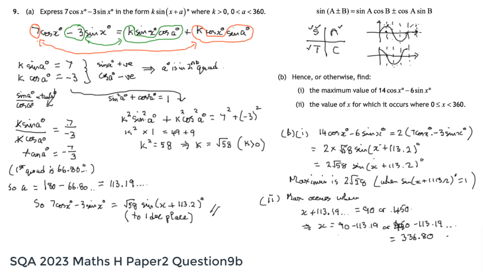We have to use this 450 degrees when sine reaches 1 because of the fact we're subtracting 113. That now gets us back into the range that we're after. So let's just finish this off and say x is approximately equal to 336.8, and that's accurate to 1 decimal place.